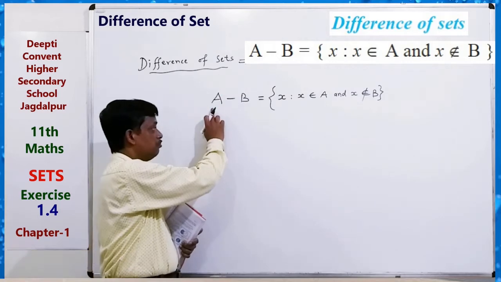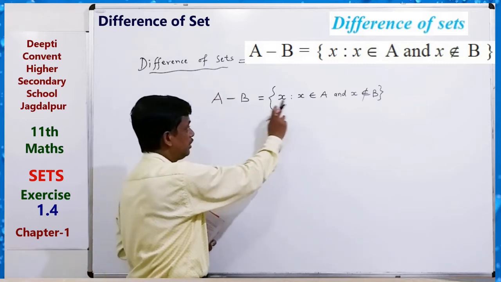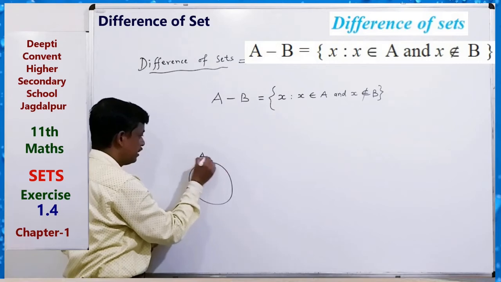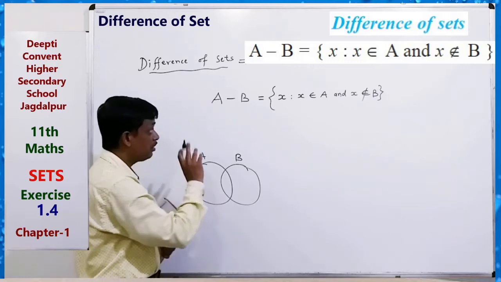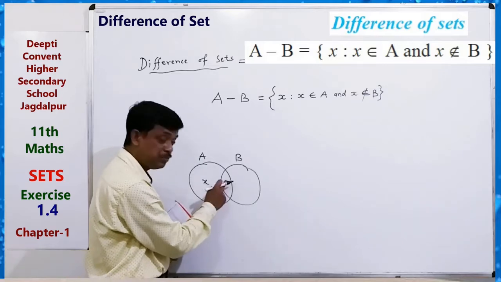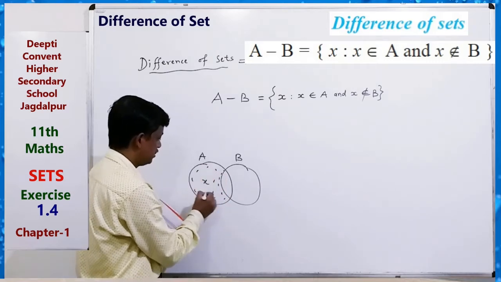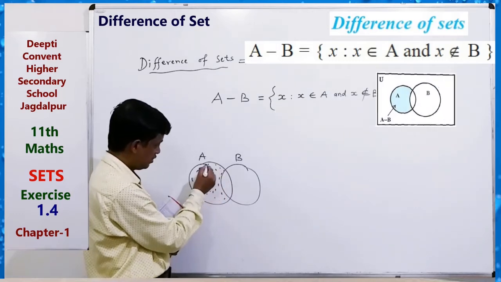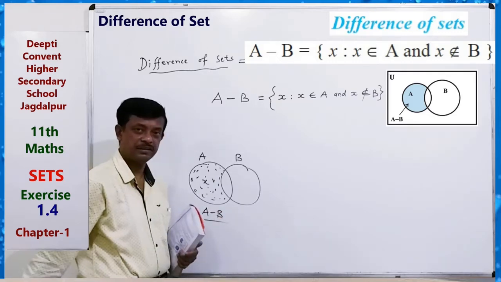All the elements of A, but that do not belong to B. Suppose we have sets A and B, both connected. The element X which belongs to A but does not belong to B lies in this portion. So this shaded portion will be A minus B. Clear?